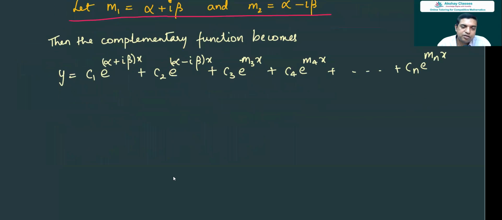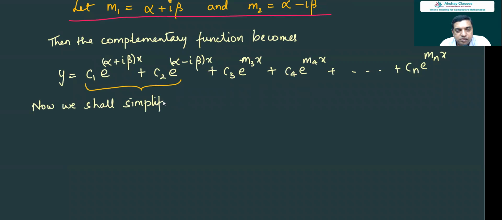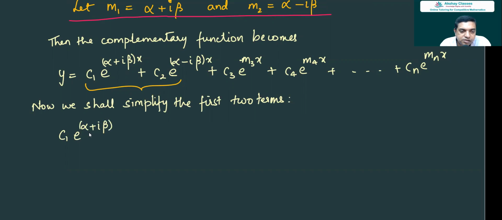So we get it like this. Now we will look into how to simplify this part. So now we shall simplify the first two terms: C1 e power (alpha plus i beta) times x plus C2 e power (alpha minus i beta) times x.